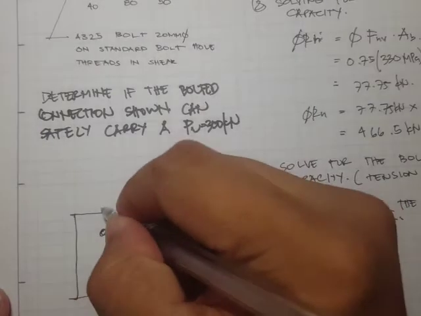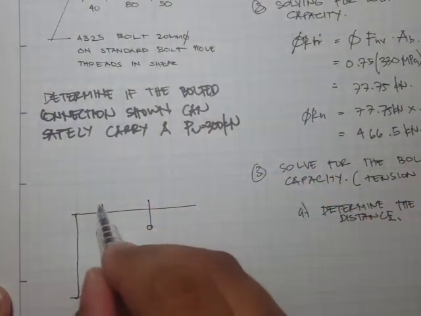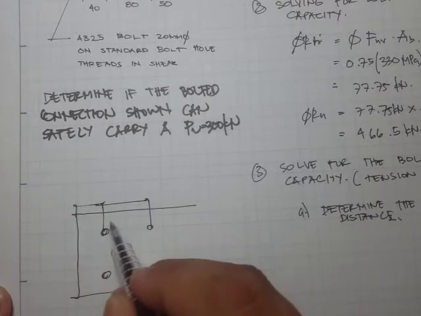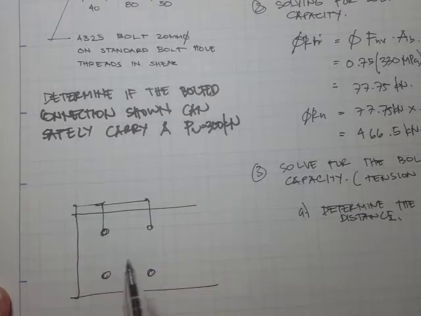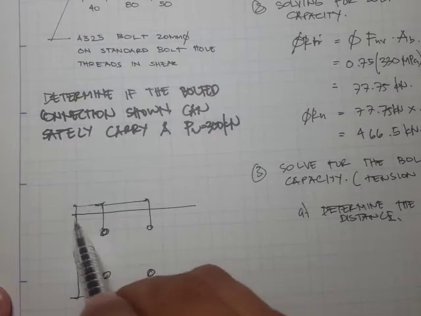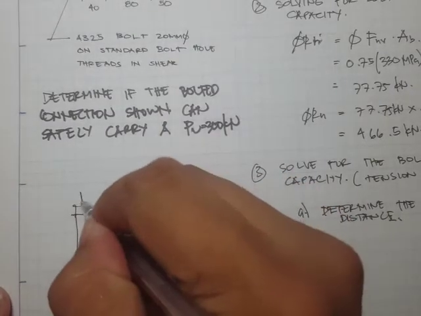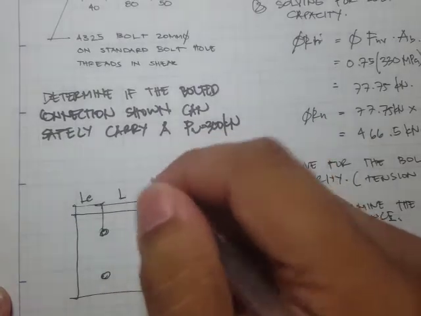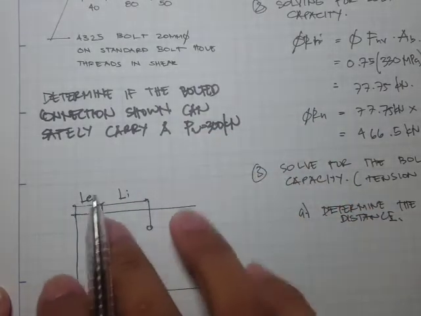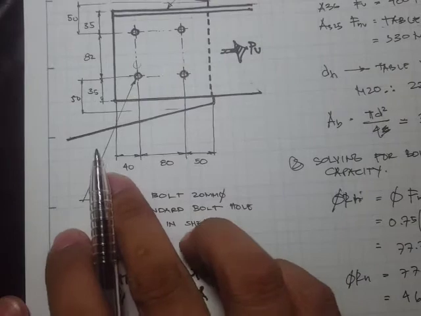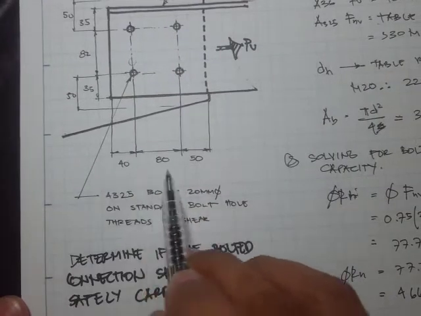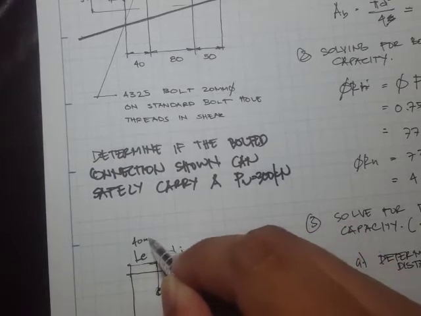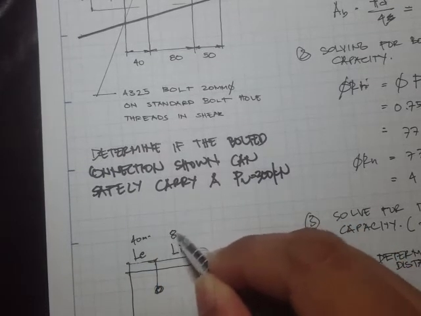And the distance from this center to the edge, this is what we call the LE, the exterior, and this one is the LI, the center to center distance. Now LE is 40 while LI is 80. So let's say 40 mm, and this one is 80.